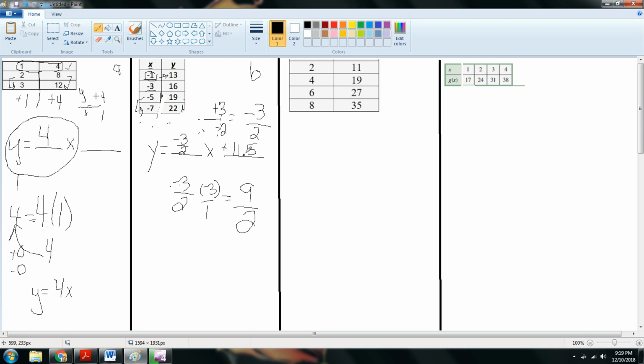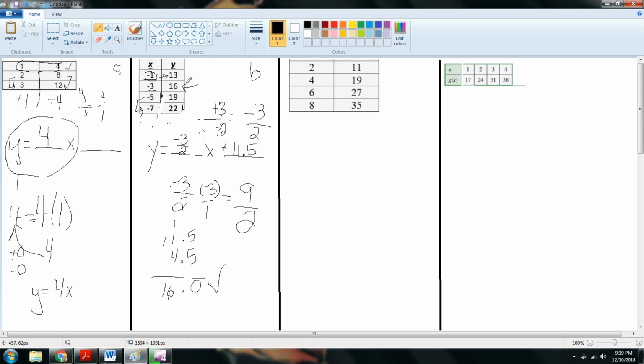9 halves, since I used a decimal here, I'm just going to go ahead and change that to a decimal as well, and 9 halves is 4.5. 4.5 plus 11.5, doing that again without a calculator, carry my 1, 4, 5, 6, so it is 16, which is exactly what I needed it to be.